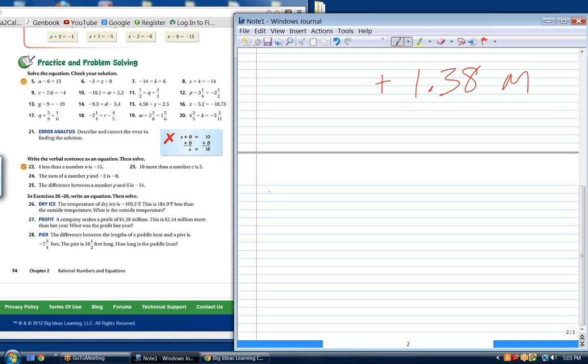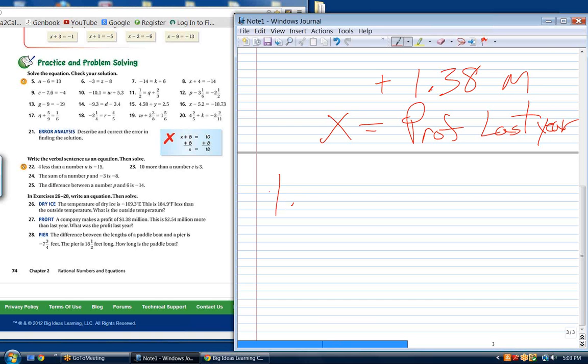Okay. Let's turn this word problem into an equation. The best thing for an equation is always to start out by defining your variable and listing what it is. So I'm going to say x is the profit last year. So now give me an equation. 1.38 plus x equals 2.54.